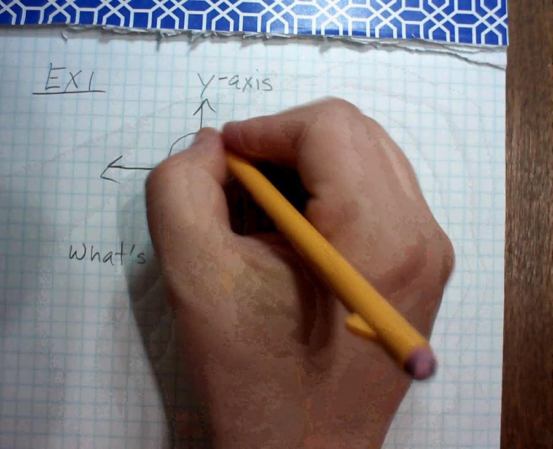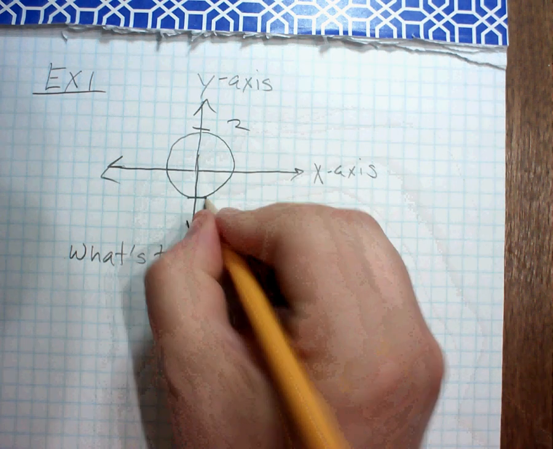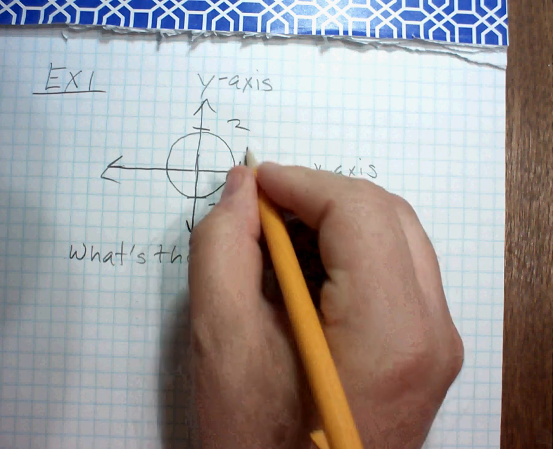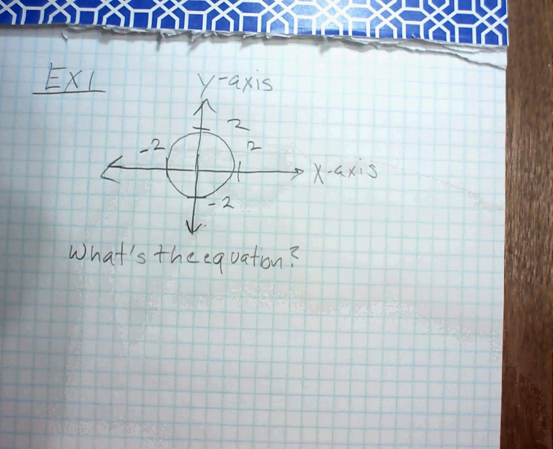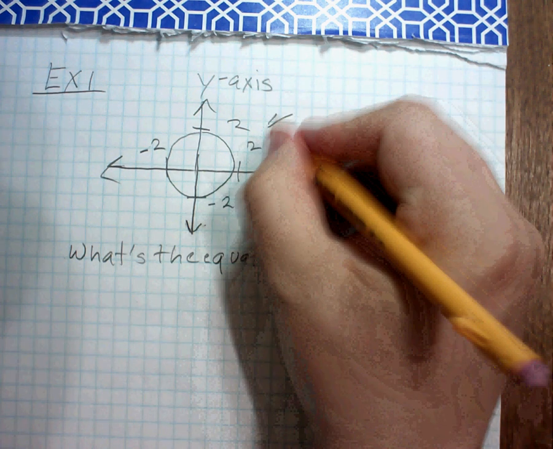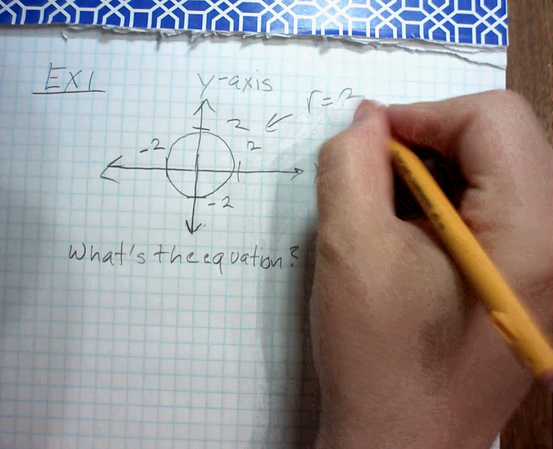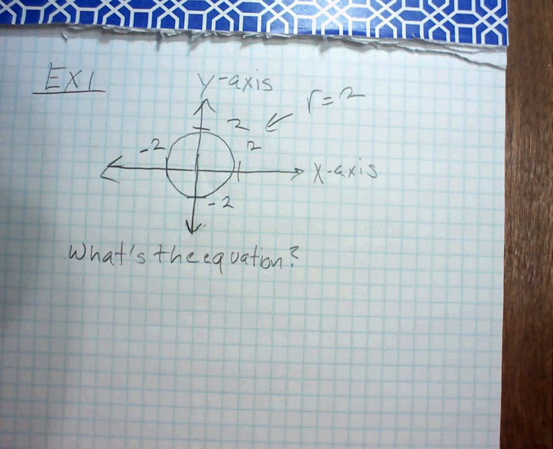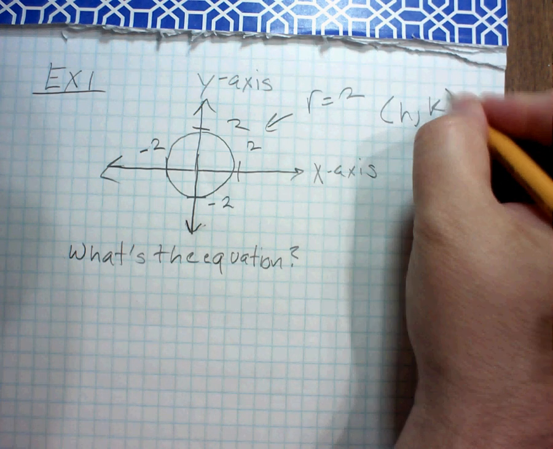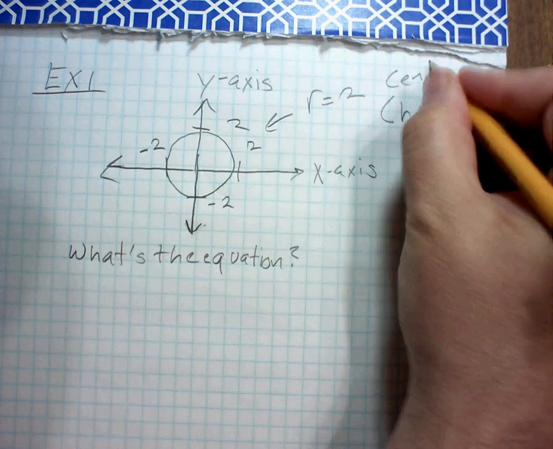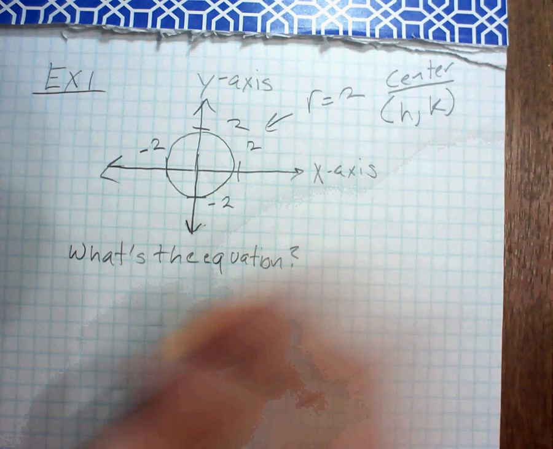Well, I know that this is a positive 2, I know that this is negative 2, I know that this is positive 2, and I know that this is negative 2. So right from the get-go, I realize that the radius is equal to 2. So the only other thing I need is h comma k, which is the center of the circle. Alright?